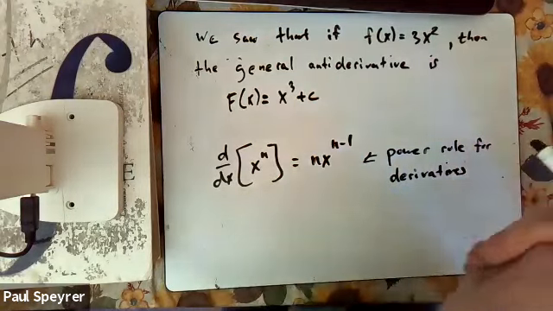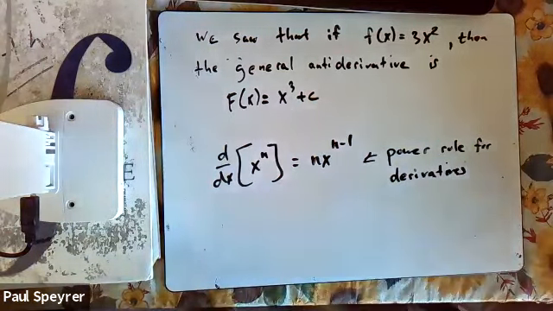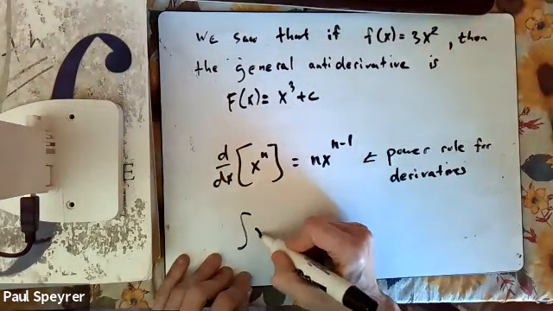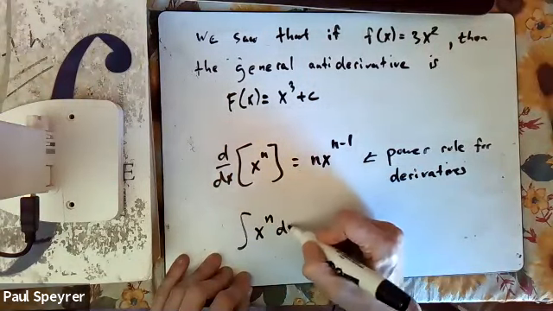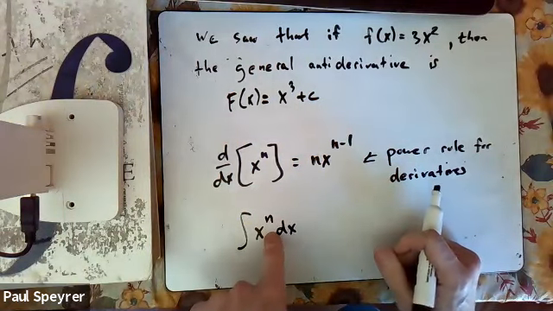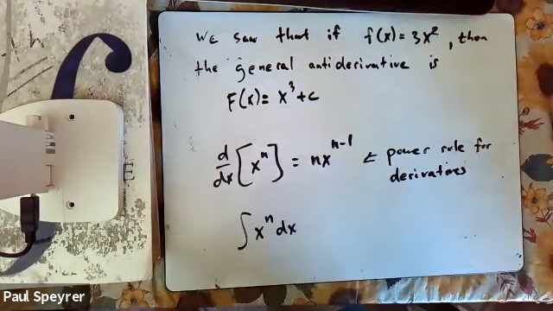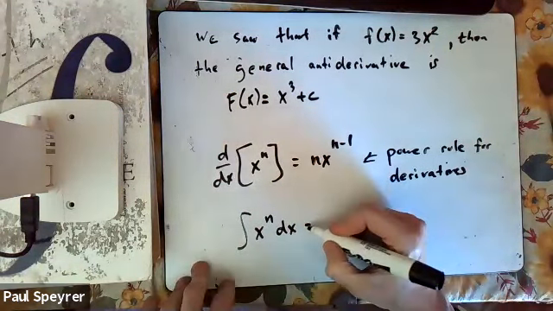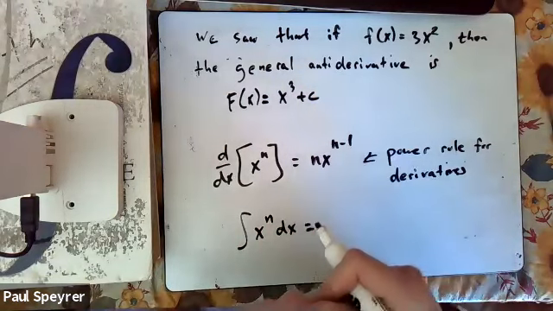Now, what if we had, and I'm going to use the integral notation, the integral of x to the n dx? This means the antiderivative of x to the n. So now we're going to have basically the power rule for antiderivatives. But what are we doing? Well, we're doing the reverse of this right here.